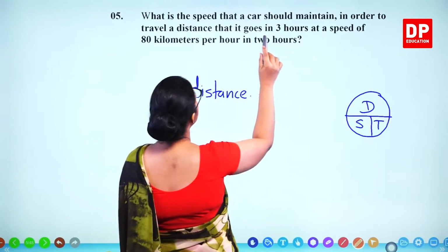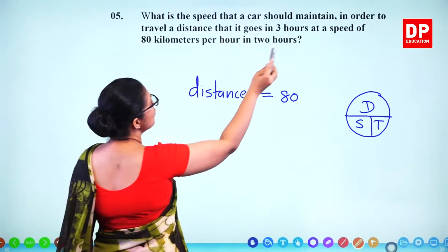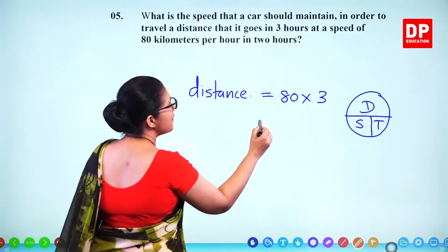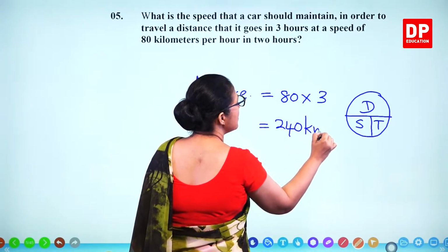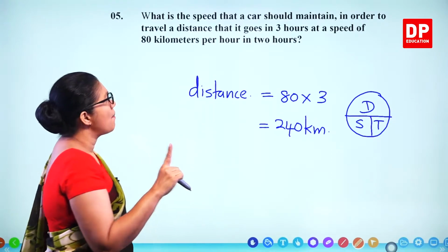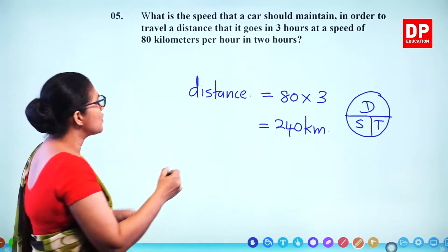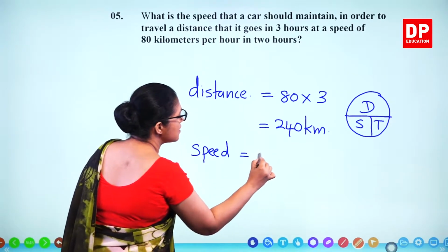Speed is given as 80 kilometers per hour. Traveling 3 hours, multiply by 3, you get 240 kilometers as the distance. But it needs to be traveled in 2 hours. So what's the speed? Speed is equal to distance over time.